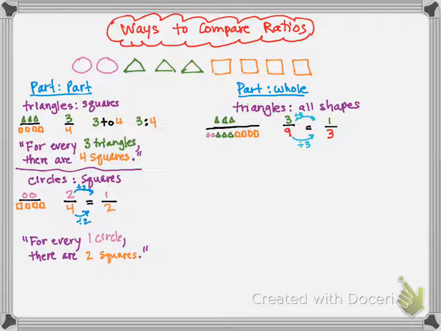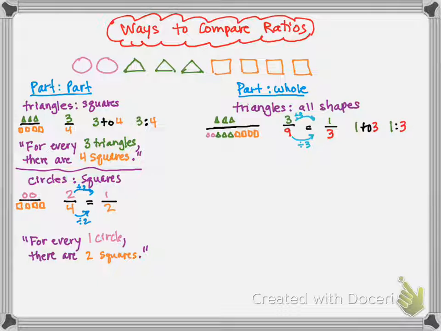So again, I could write this as 1 to 3 with the word "to". And I can also write it with a colon. 1, and then the colon, which is read exactly the same way, and then the 3.